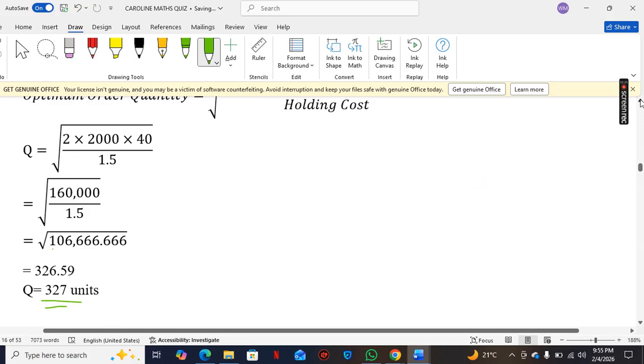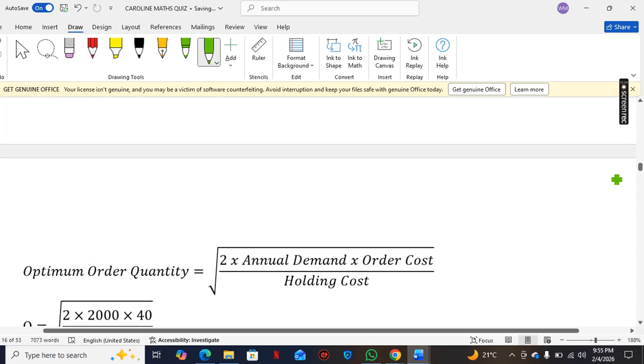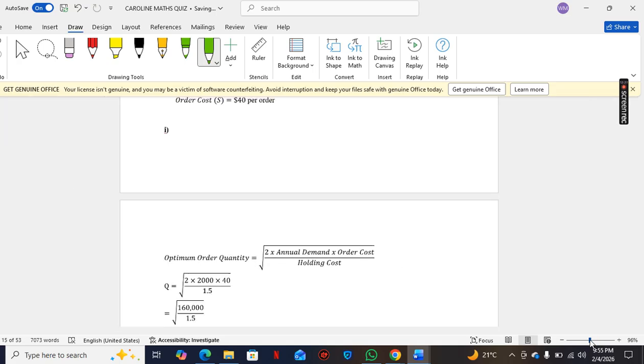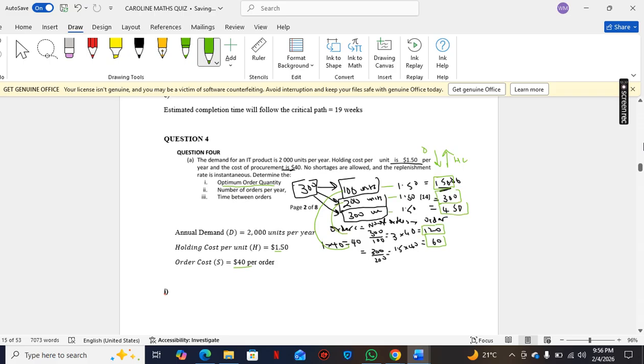So this is the amount of inventory we need to order. Any questions before we go to the next question, which was to determine the number of orders per year?